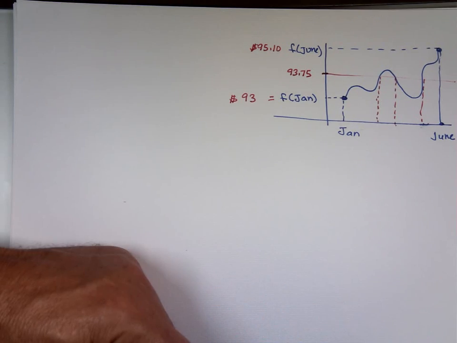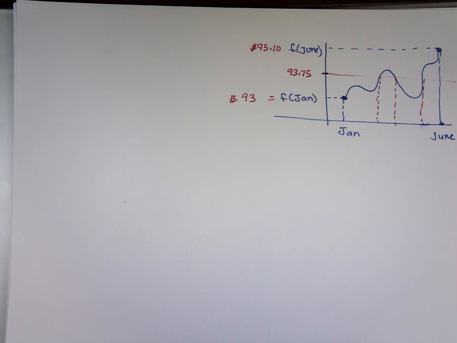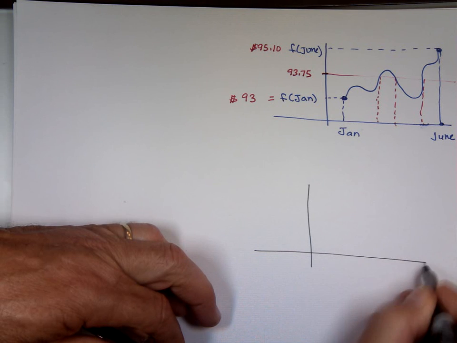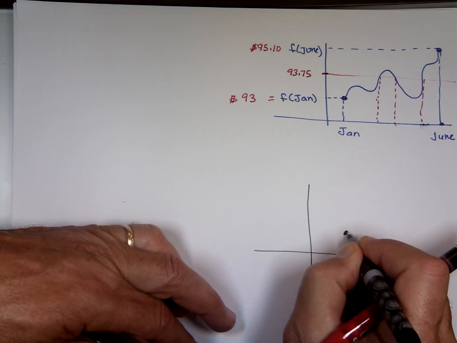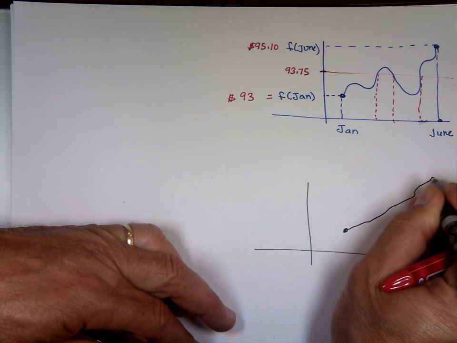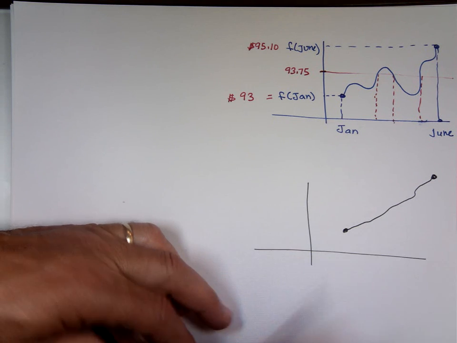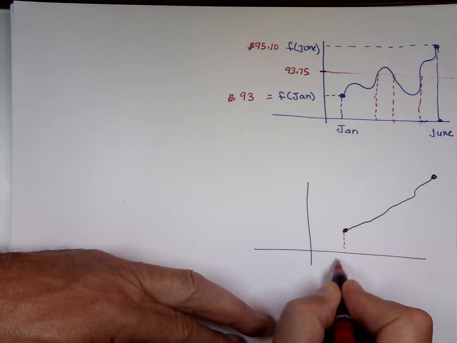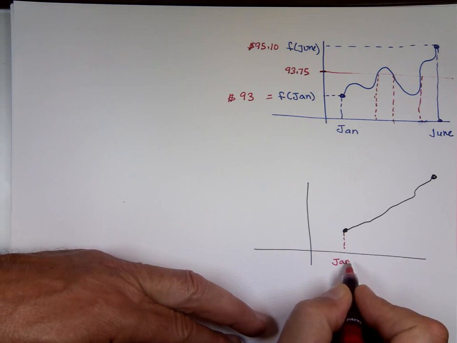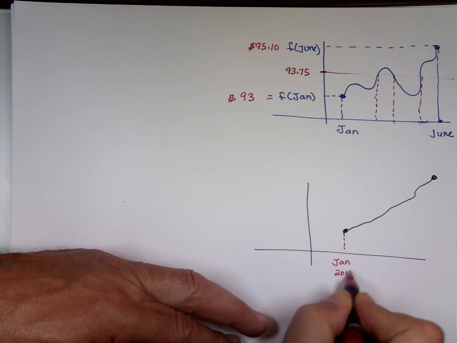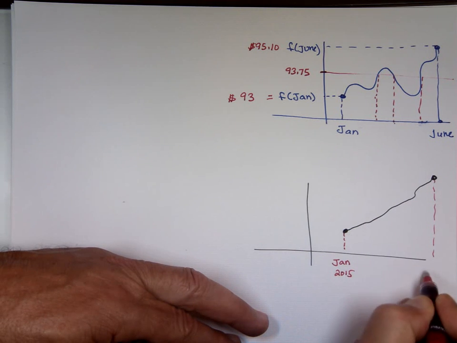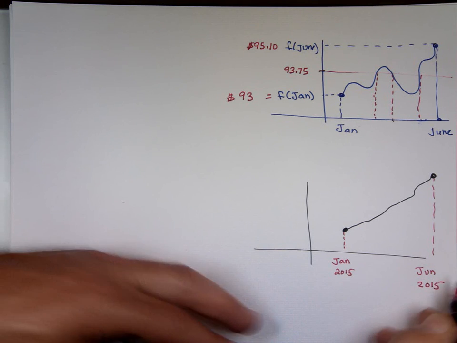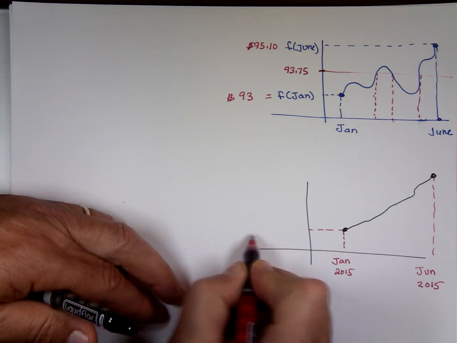Now, if Apple happens to be going crazy, not dropping, when Apple was doing good, Apple was going like this. It wasn't really dropping. So if you look at last year, this is January of last year. January last year was 2015. And this is June 2015. Not 16. This is the price of Apple in January 2015.